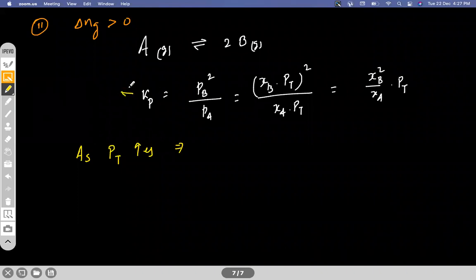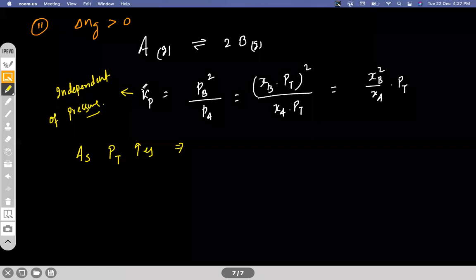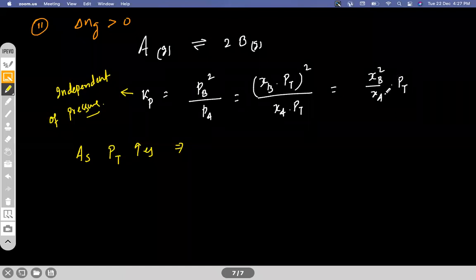It is independent of pressure, so obviously this won't change. This wants to be constant, but PT you are increasing, which means this ratio you have to maintain at a constant value.